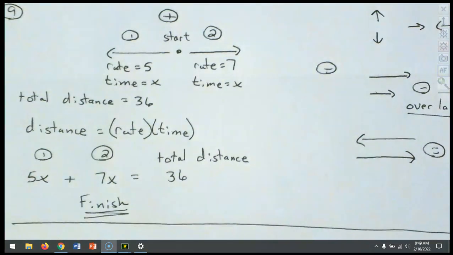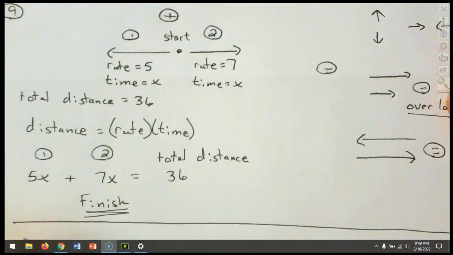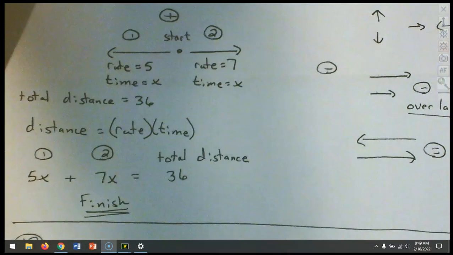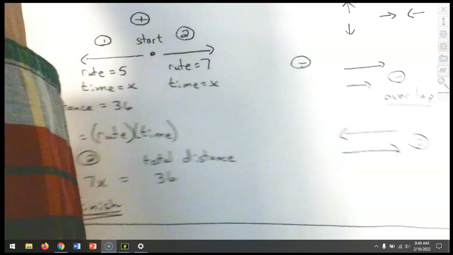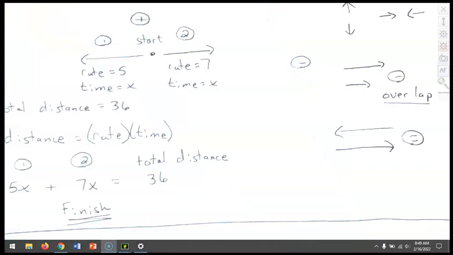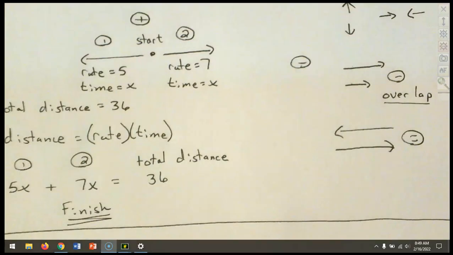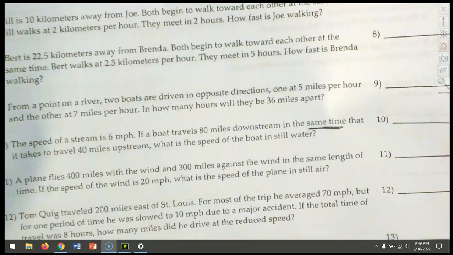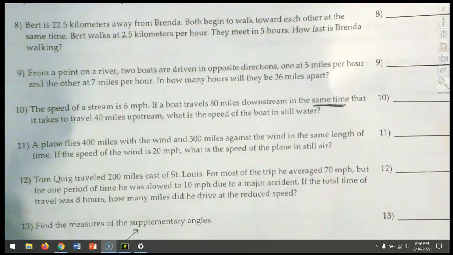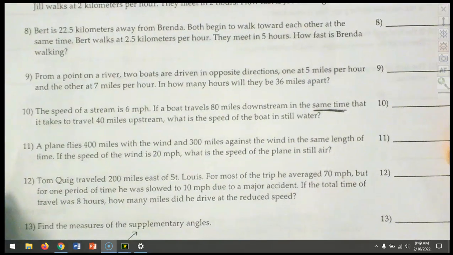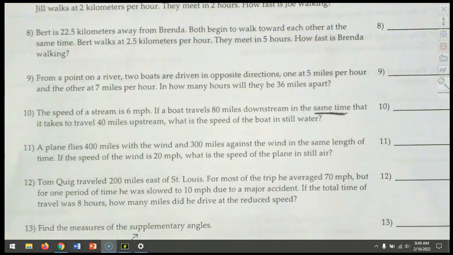Question 12. Question 12, we're going to have to think about how to set this one up. Okay, on this one, what we're doing is we're taking a trip to St. Louis.